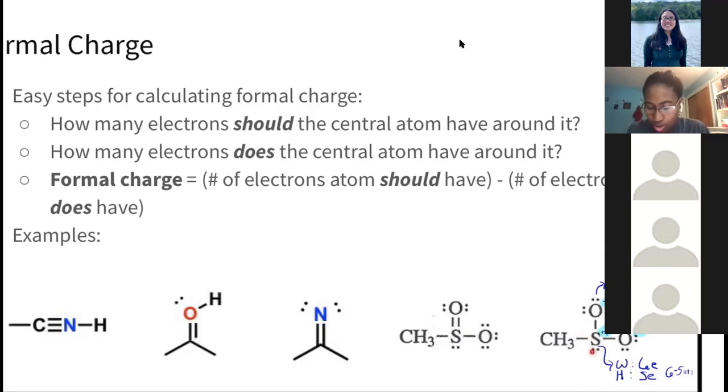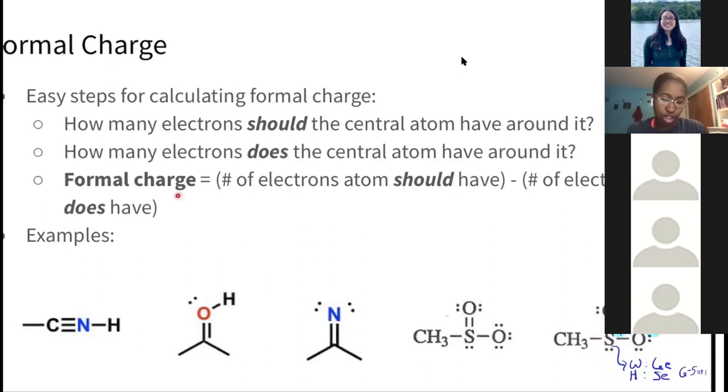And it also gets 2 electrons from the lone pair. So 3 plus 2 equals 5. And then our formula for calculating formal charge is subtracting the amount of electrons the atom should have minus the electrons it does have. So that would be 6 minus 5, which equals +1. Does that make sense? Yeah, thank you.